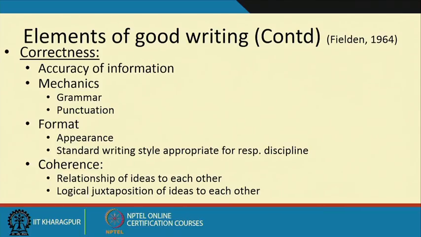Then format, the appearance, standard writing style appropriate for the respective discipline. Now, depending on the journal you submit this paper to, you could have different writing styles. Just this morning, I spent about 4 hours changing the referencing pattern to suit the needs of a specific journal that we are submitting a paper to.